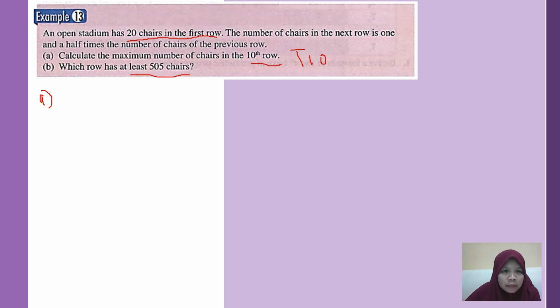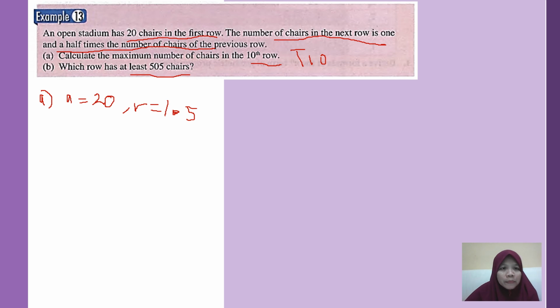From the given information, the first row is the first term, so A is 20, and R is 1.5, because the number of chairs in the next row is 1.5 times the number in the previous row.